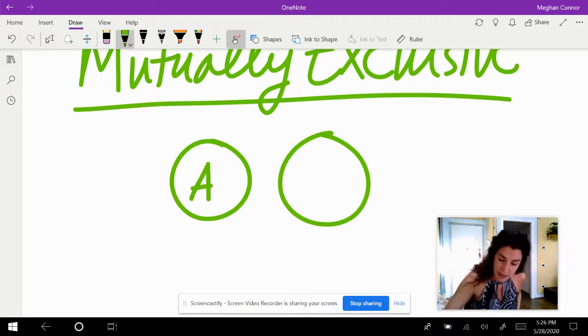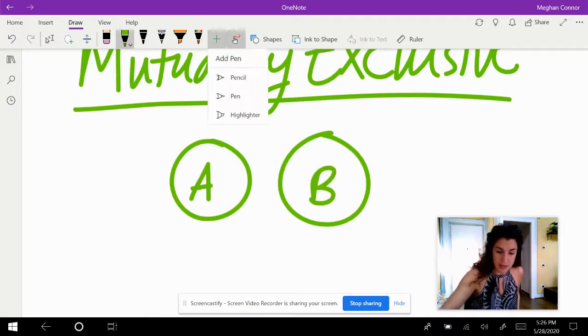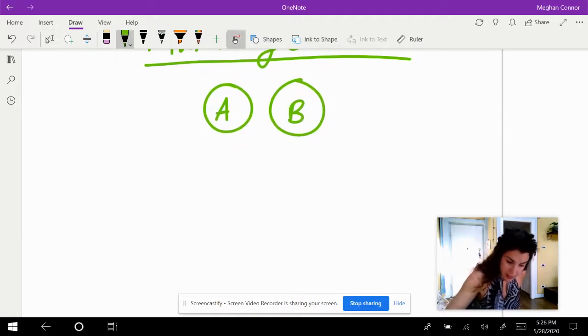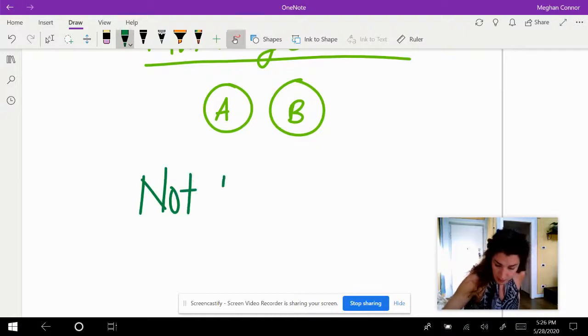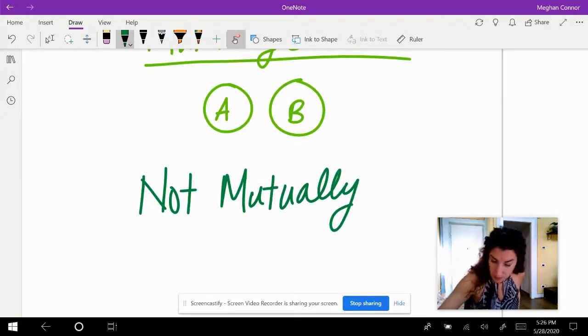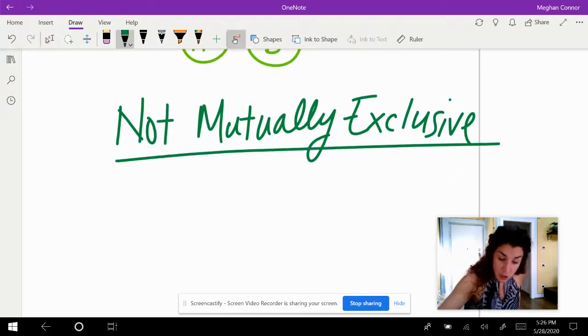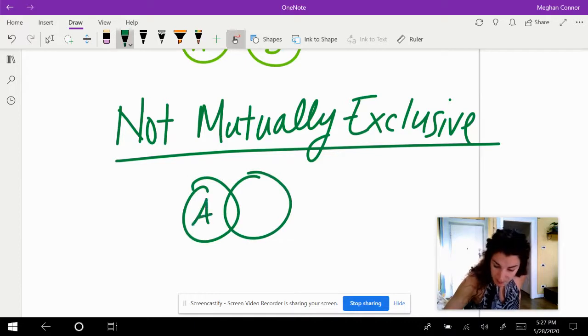This is event A and this is event B. Whereas not mutually exclusive would be events that do overlap, where they share a common ground.